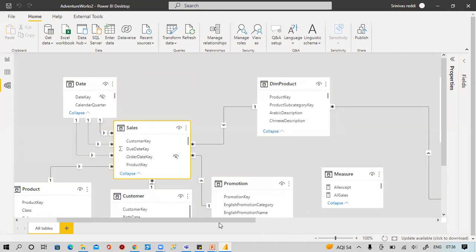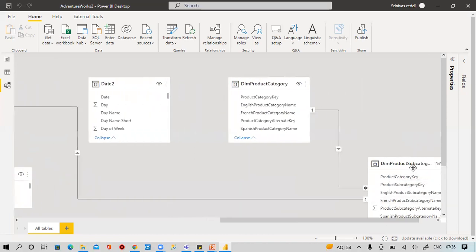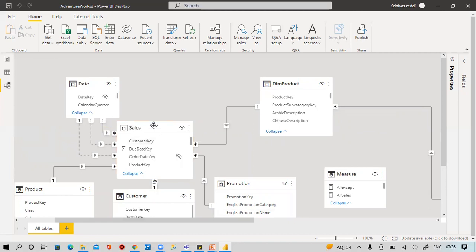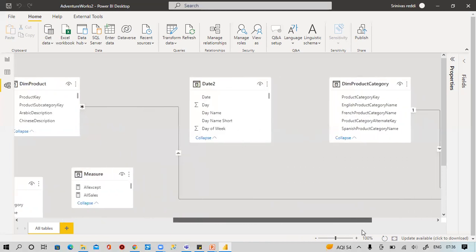Okay, the point is, will this subcategory slice the measures in the sales table? Yes, it does. The way the relationship works is like that.